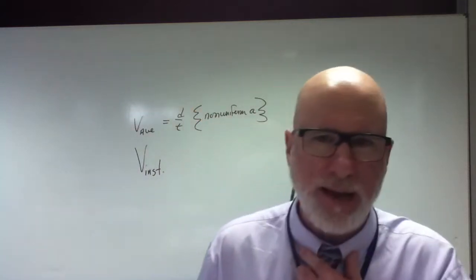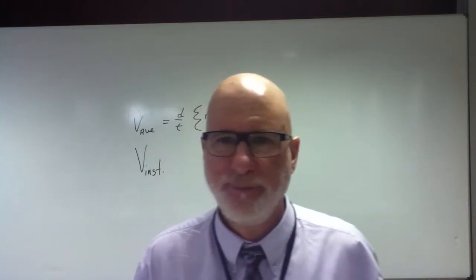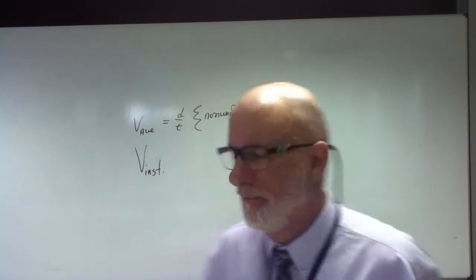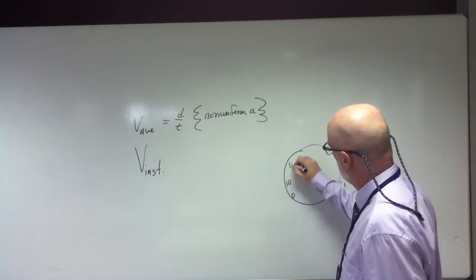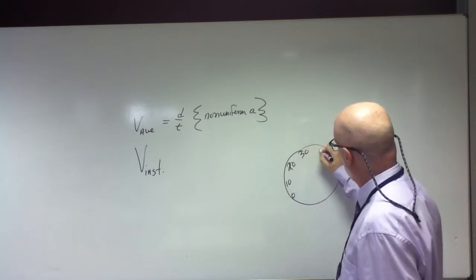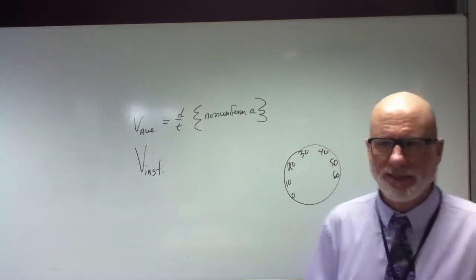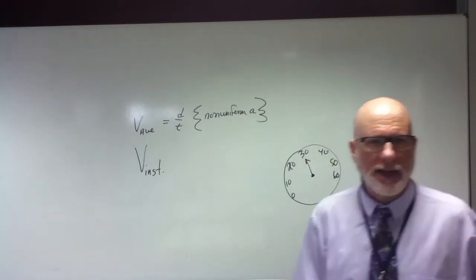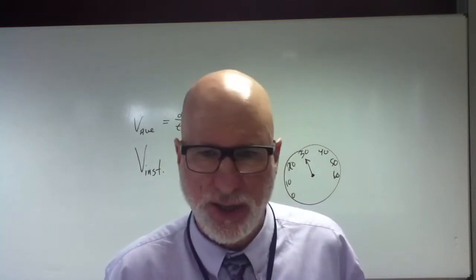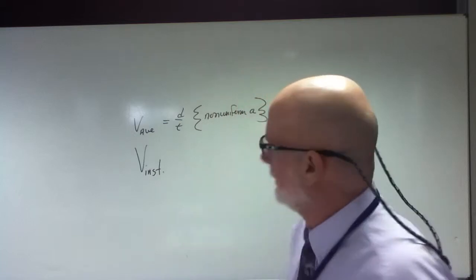Before we do a different kind of average velocity, let's talk about instantaneous velocity. What is that? Here's my speedometer. It's not like that, obviously, but let's say it was. I'm driving and I look down and it says 30. That's my instantaneous velocity.